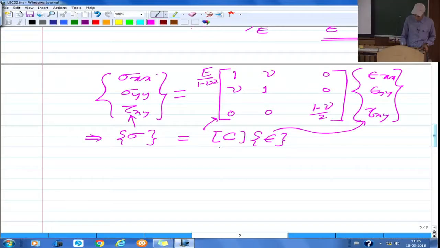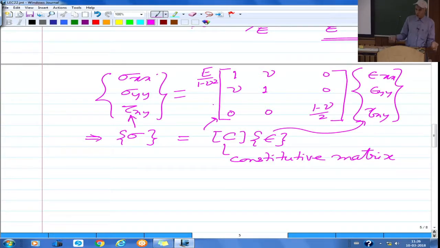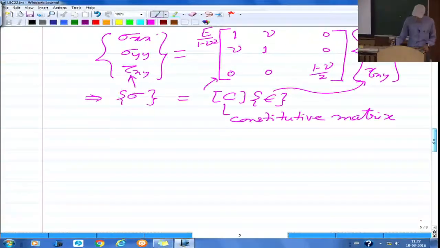It depends on the material properties, which depend on the constitution of the material, that is, what the constituents of the material are, and that is why it is named the constitutive matrix. This is for the plane stress case.